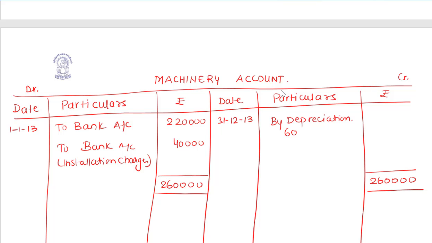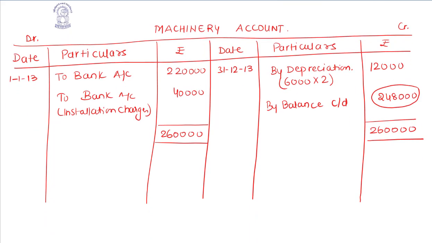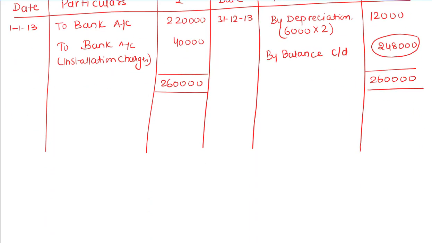So 6,000 multiplied by 2 is 12,000. By balance carried down, 2,60,000 minus 12,000 is 2,48,000. 2,48,000 will come here as opening balance.